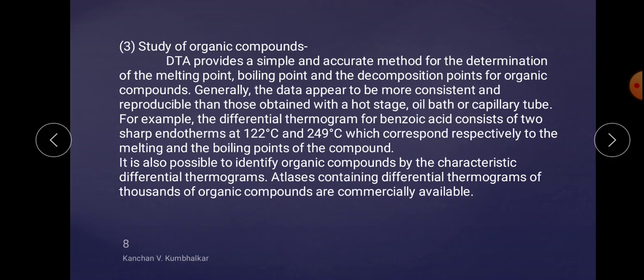As we saw previously, the sulfur DTA curve clearly indicates the temperature where boiling started, where melting started, and where the compound got decomposed. In the case of sulfur, no decomposition point was observed or studied, but in various DTA curves it is observed that up to a particular temperature the compound is stable, but above that the compound reacts and decomposes.